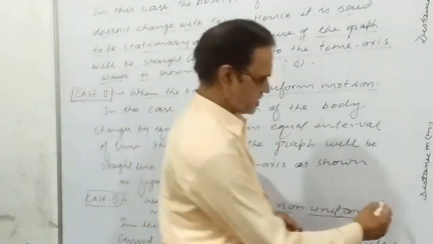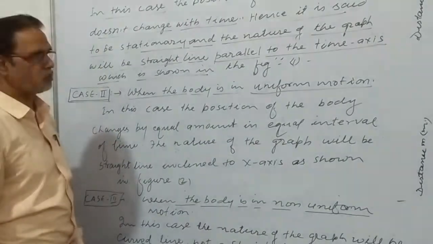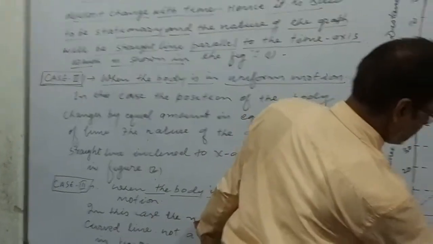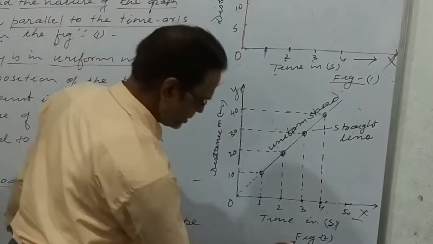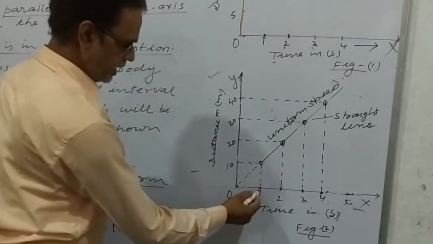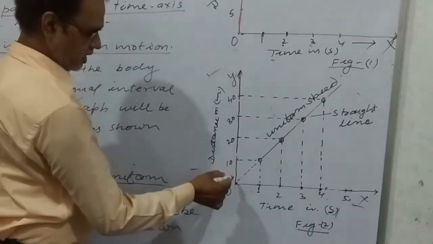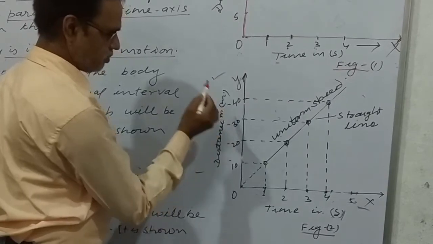Okay, so in this case, when the body is in uniform motion, see this graph. The time is taken on x-axis and distance is taken on y-axis. It is shown in the figure. The time 1 second, 2 second, 3, 4 in this way, and distance 10 meter, 20 meter, 30 meter, 40 meter.